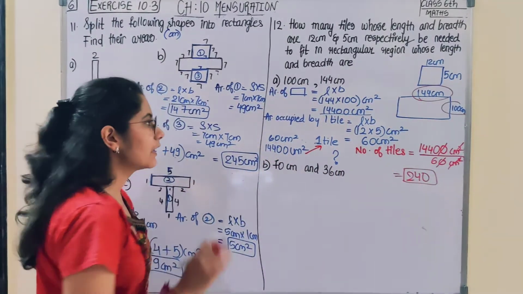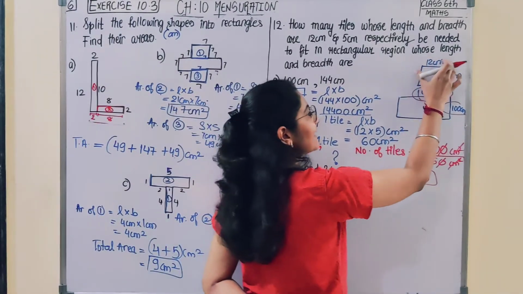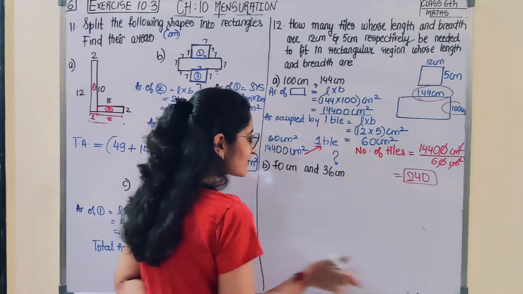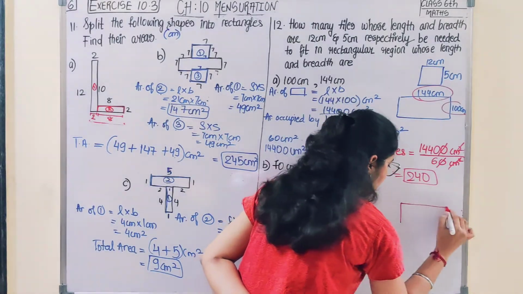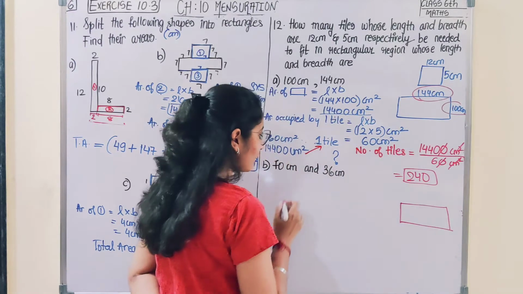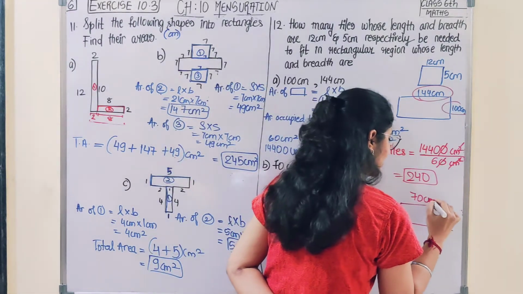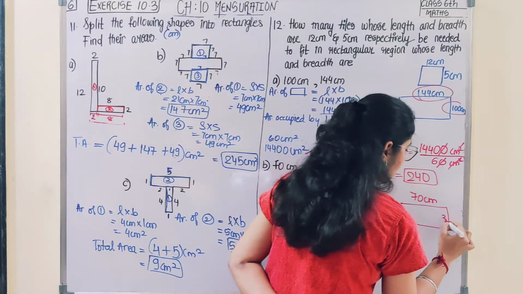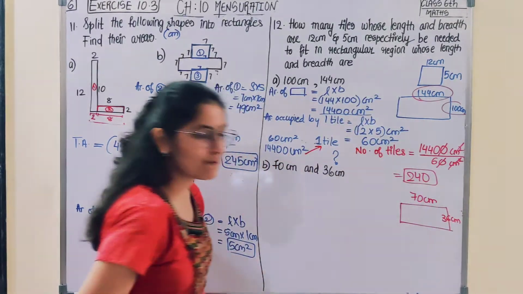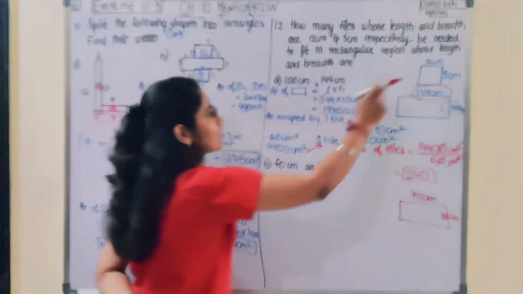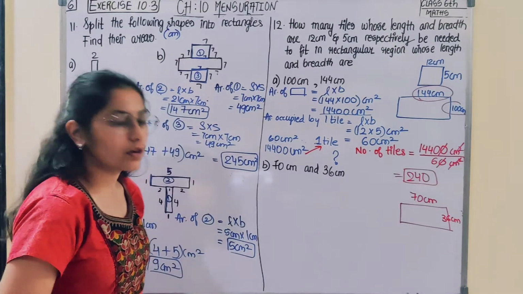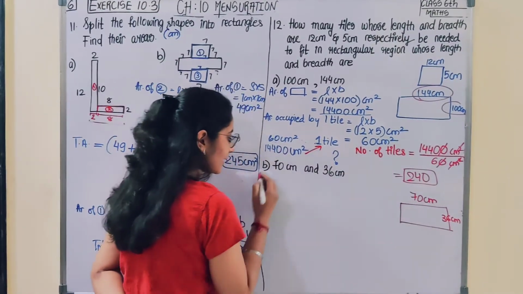Okay, now if the tile size remains same, but I change the length and breadth of the plot. Suppose the rectangle which I have taken is having 70 centimeter length and 36 centimeter breadth. Okay, now I have to arrange these tiles. So I have to first calculate the area of rectangle.